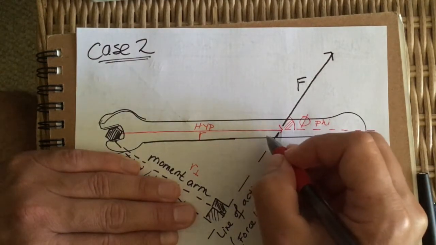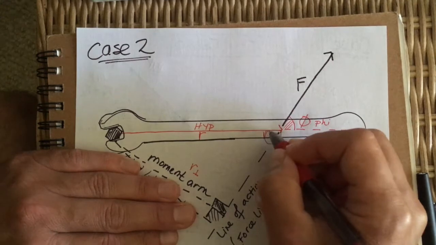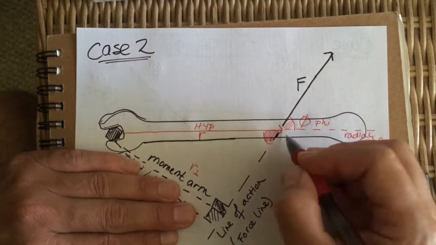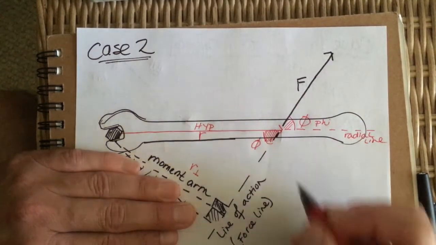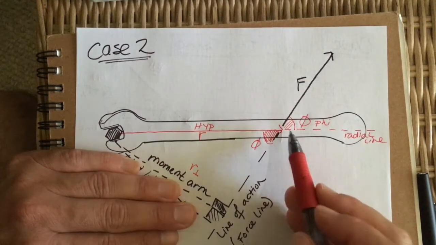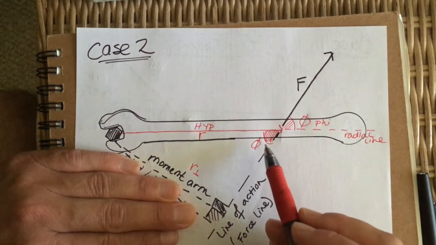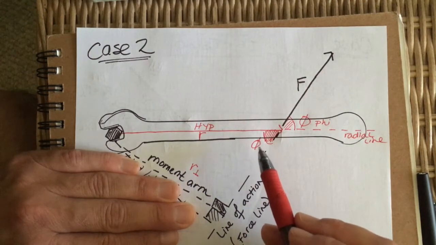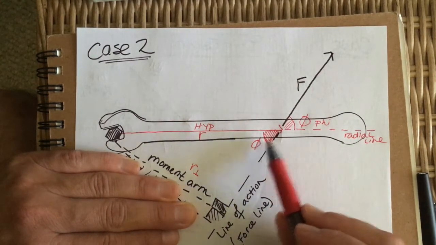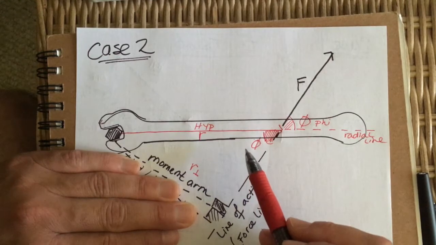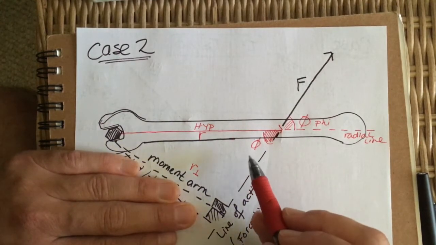So my point is that this angle right here is also phi. You should be able to see that because of the way the geometry works there. If you can't see that, then pause it and look at that a little closer. Convince yourself that these two angles are the same. All right, so this is phi.